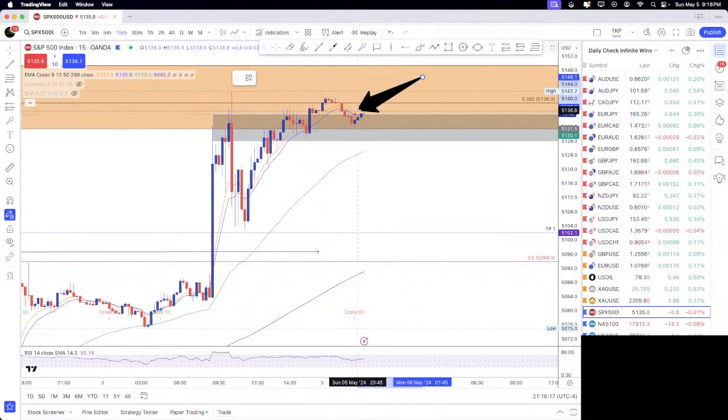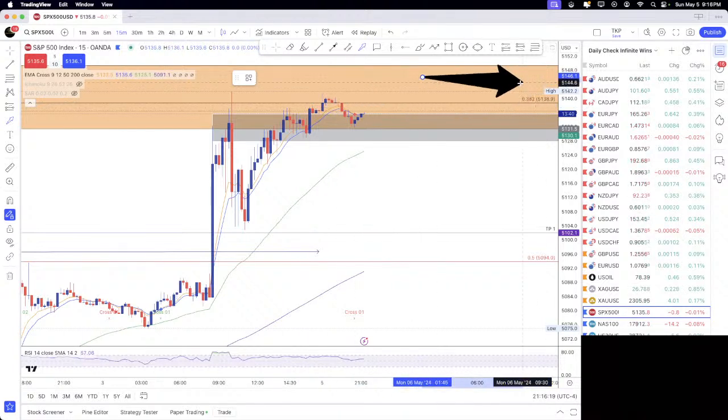If price holds at this level, which just so happens to be the 382, then we will see a reversal of this uptrend. So I'll set an alert right here.